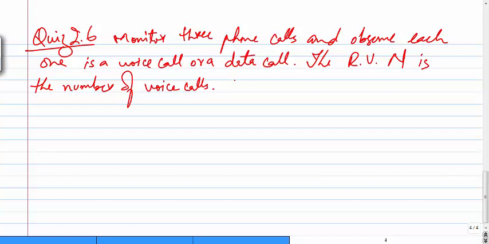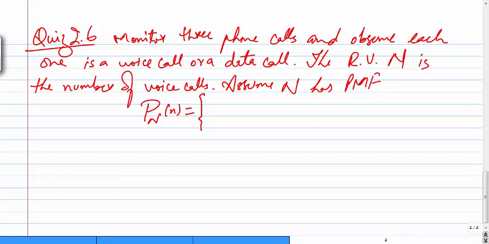Now the question is, assume n has a PMF. Okay, we are also given the PMF for n: 0.1, 0.3, 0.1 when n equal to 0, or n equal to 1, 2 and 3, 0 otherwise.